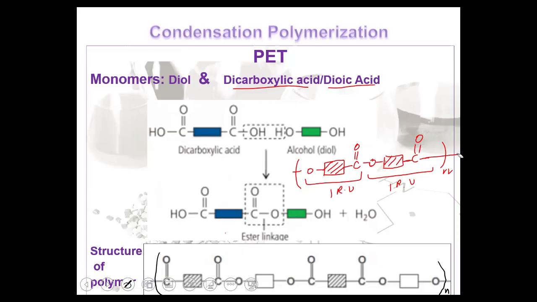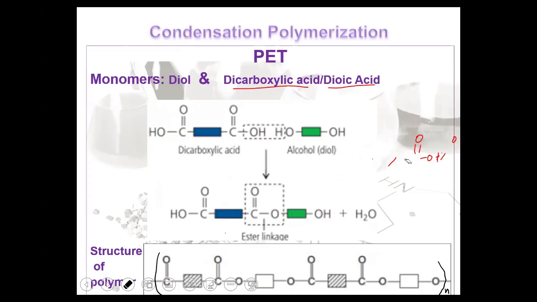Now, what I was focusing on here is the direction of the ester linkage. Suppose I am attaching one more unit and then I will be able to explain it better. Okay. Suppose I am attaching one more unit, and this is how I have to make it properly or else my purpose will not be clear.